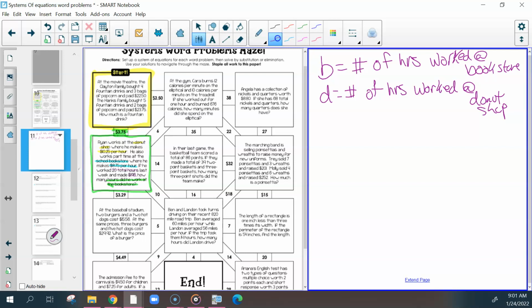All of the money goes together. So that would be 10.25. And since we don't know the number of hours he worked at the donut shop, it's going to be D. Plus our 8.75 B, as in boy, equals our 196.